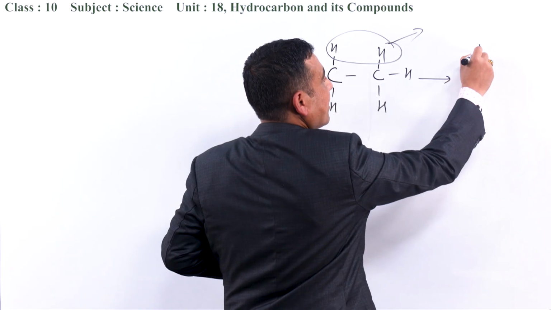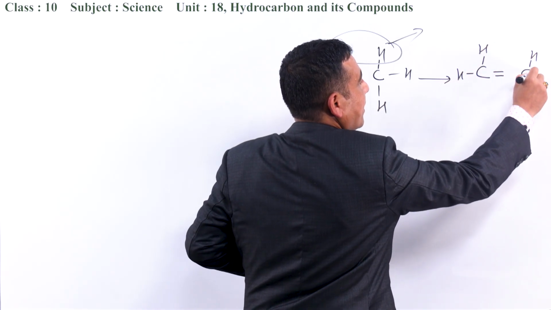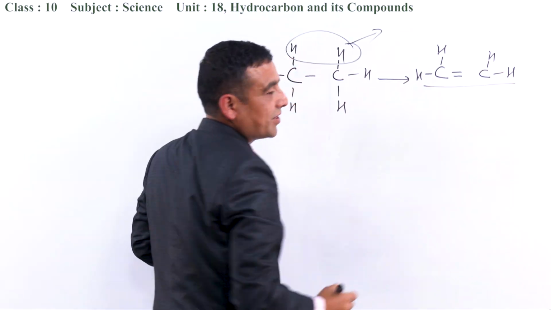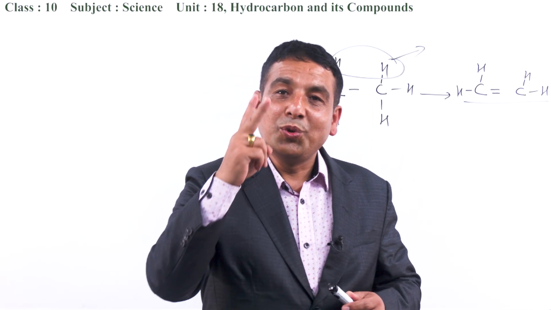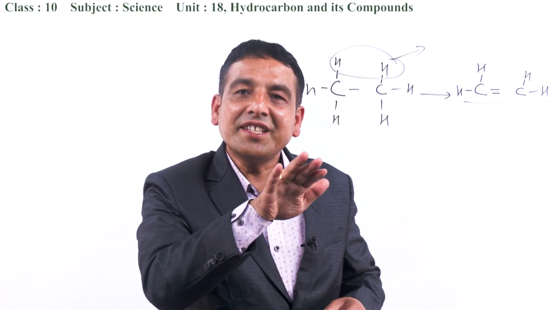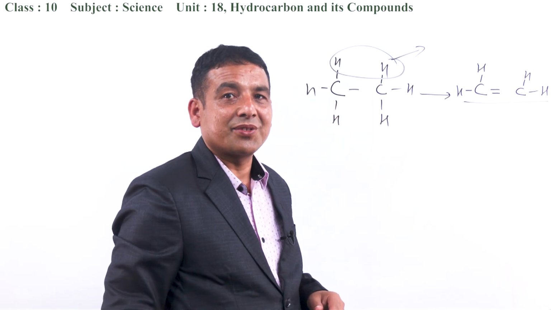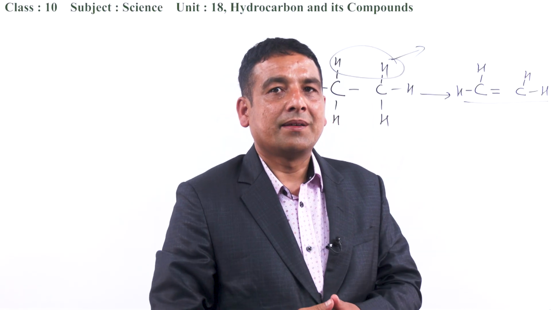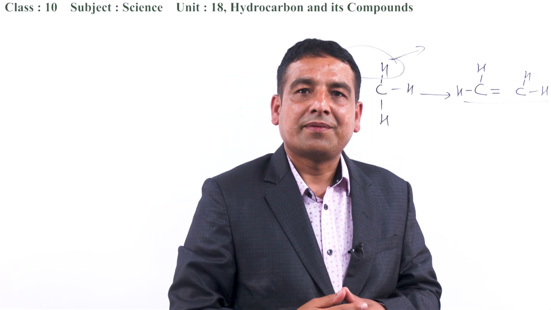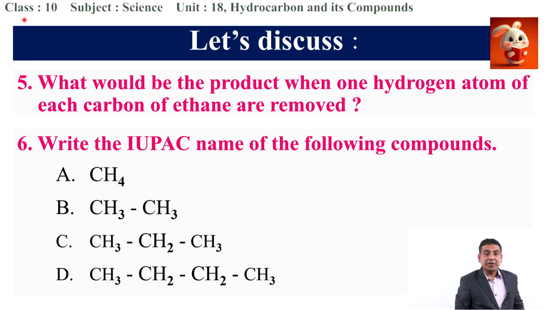CH2 double bond CH2. What is this? Yes, ethene is obtained when one hydrogen atom of each carbon atom of ethane is removed. This type of question is quite important for your assessments, either internal or external assessments. Okay, next question.